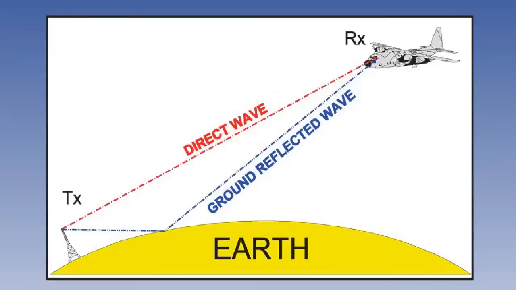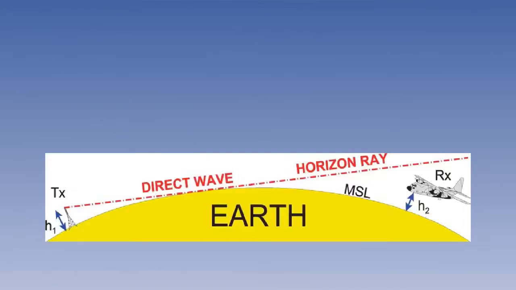The second type of non-ionospheric propagation is the space wave, which is made up of two parts, a ground-reflected wave and a direct wave. At frequencies of VHF and above, radio waves start to behave more like visible light, and, in the same way that light has a visible horizon, radio waves also have a horizon.